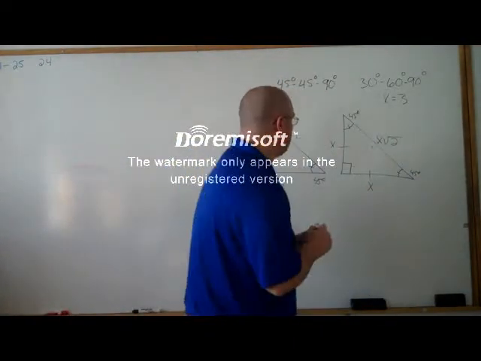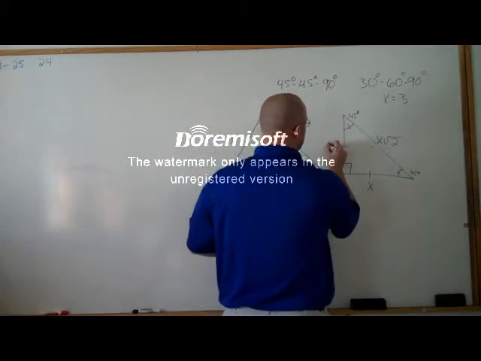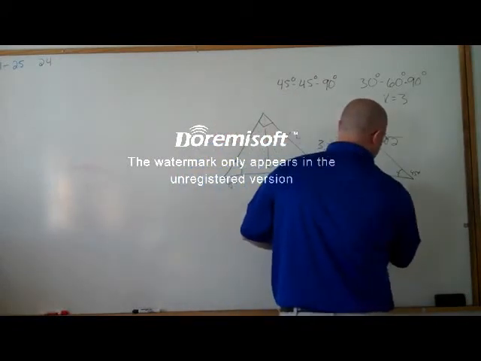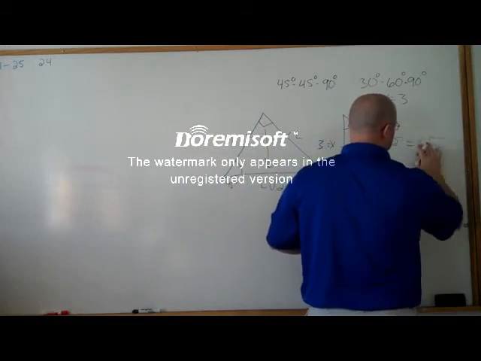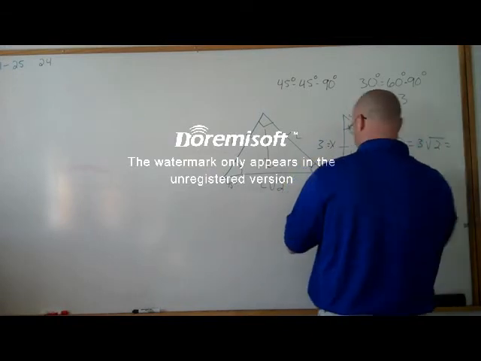X equals 3. So as this side equals 3, this side equals 3, and this side, X, equals 3 times the square root of 2.